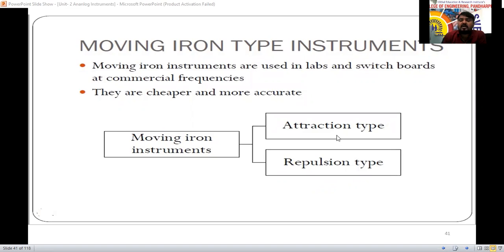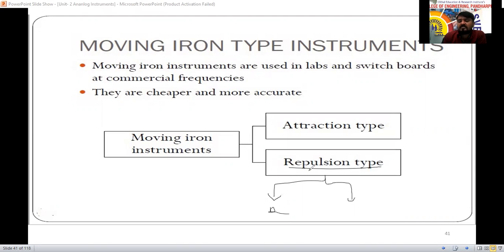So there are two types of moving iron instruments, attraction type and repulsion type. The repulsion type is again classified into two types: radial and coaxial repulsion type moving iron instruments.